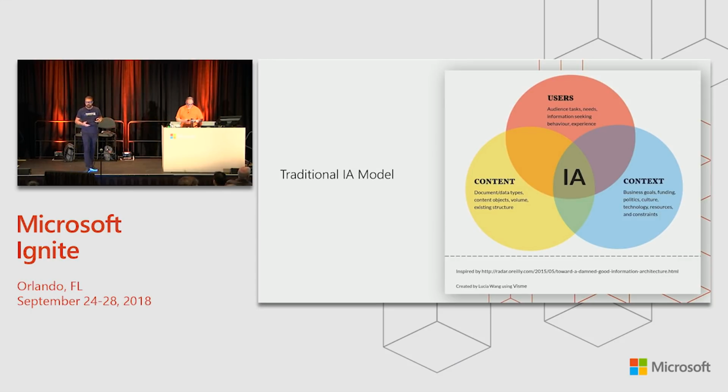This one says, well, we've got content, context, and we've got users. And traditional web developers will go and look at this and go, oh, that makes sense. But we're not traditional web developers. We are people that are traditionally working inside of SharePoint. We're knowledge management practitioners, like I said before, and we understand how to structure information architecture.